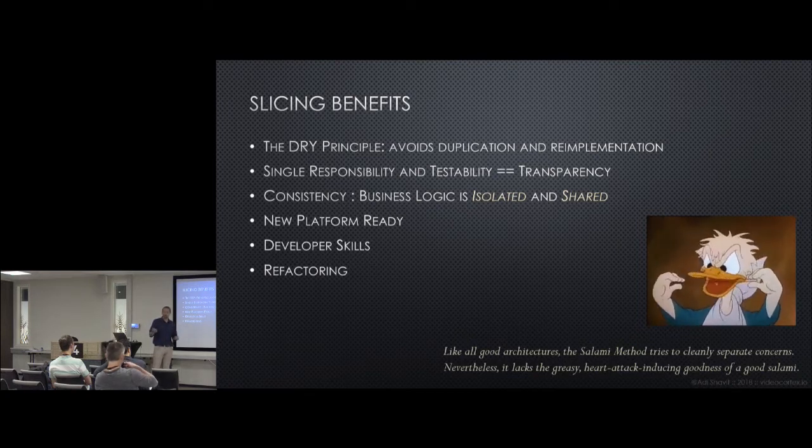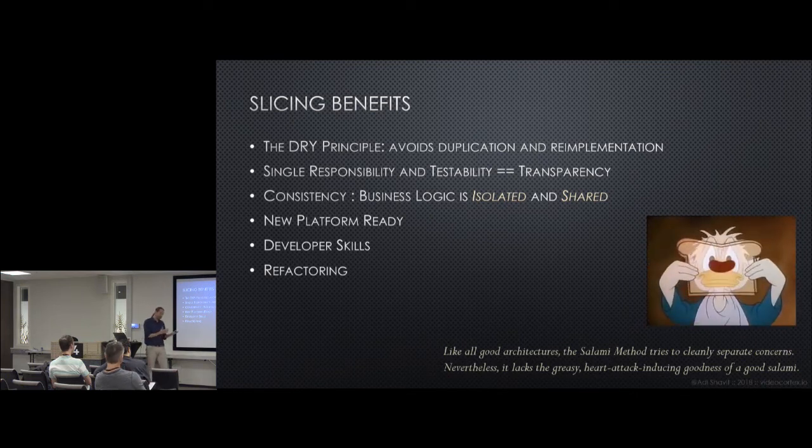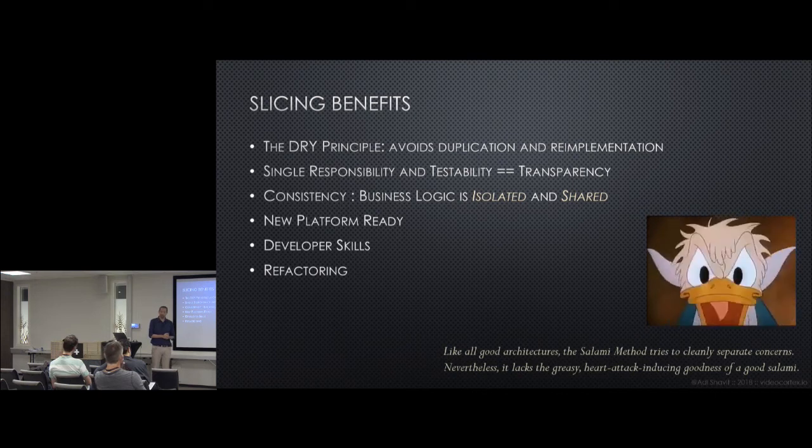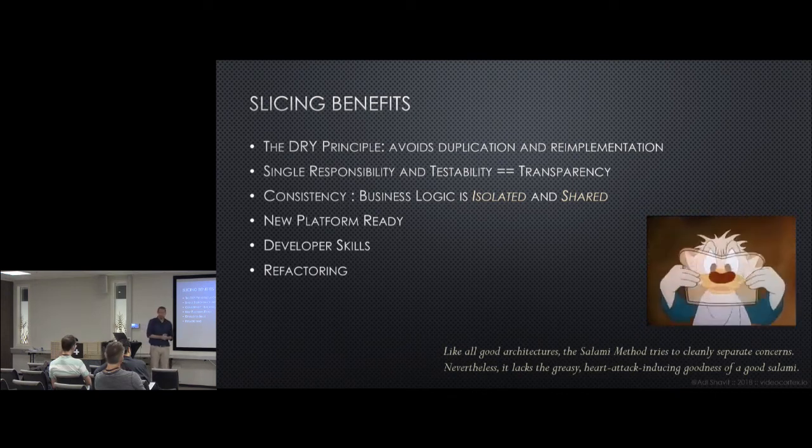We just need to pull in the new UI stuff, and we can bootstrap very quickly and be target ready. Or on the other hand, I had clients that had desktop applications, and they want to suddenly run it in the browser, at the client-side browser. And this type of architecture makes it almost trivial to do.